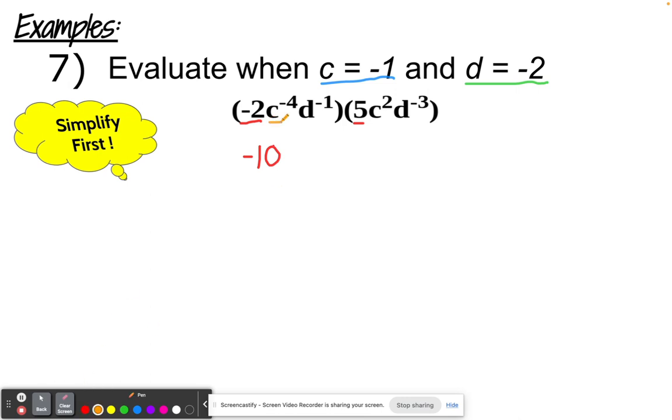I have C to the -4th power, C to the 2nd power, -4 plus 2 is -2. So C to the -2. Then I have D to the -1 and D to the -3. -1 plus -3 is -4.